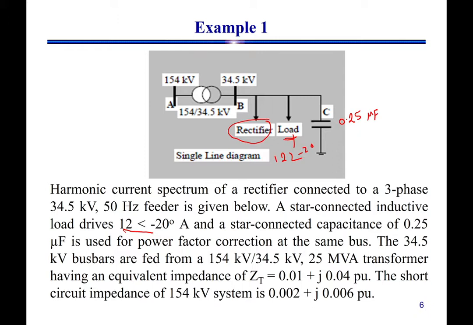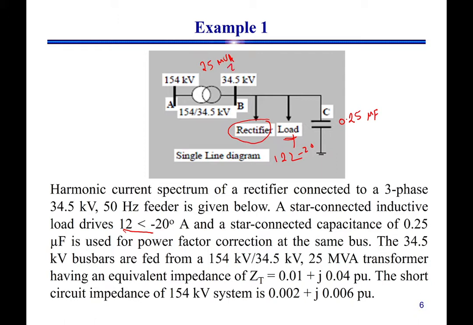And the 34.5 bus is fed from this transformer, and this transformer has a size of 25 megavolt ampere, and having an equivalent impedance of 0.01 plus j0.04.